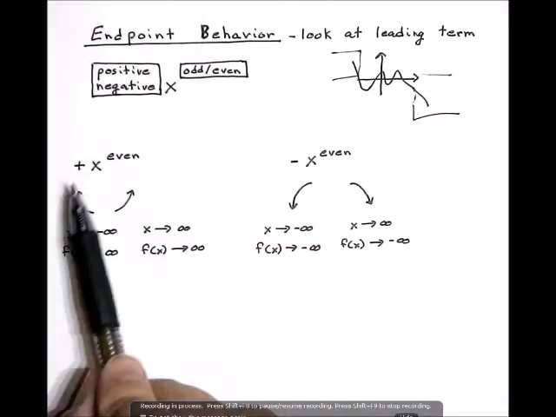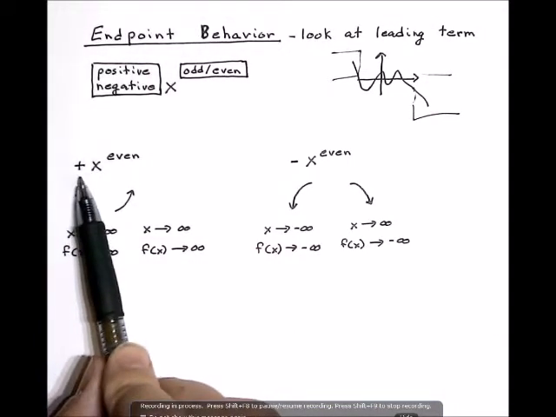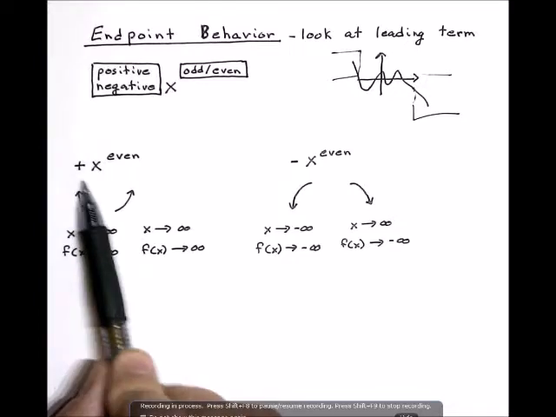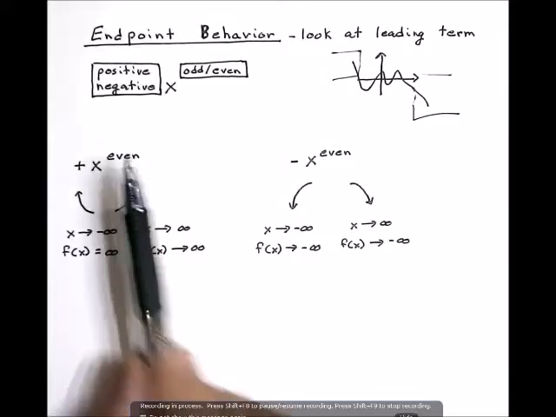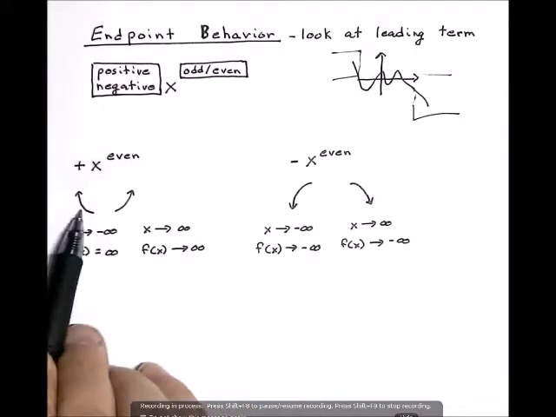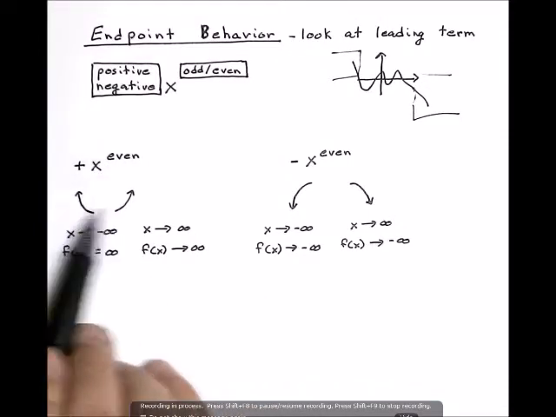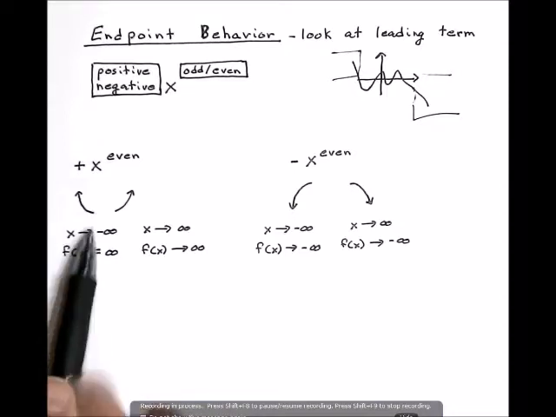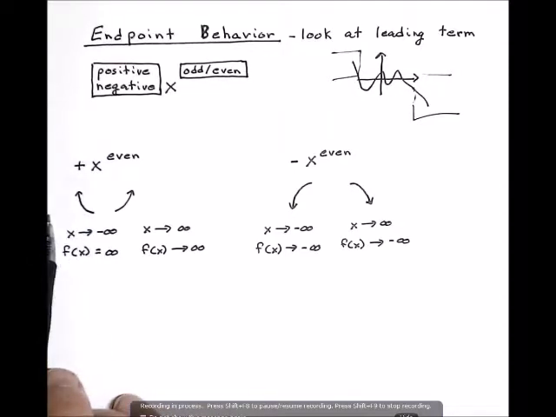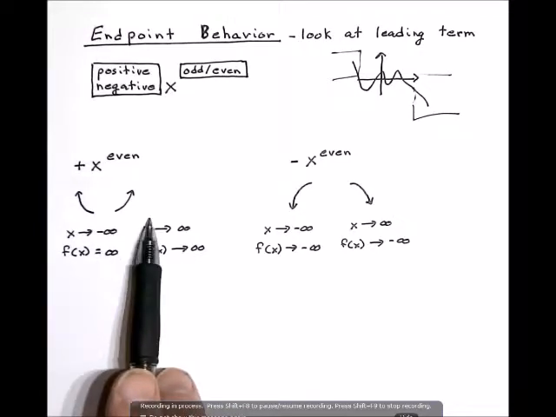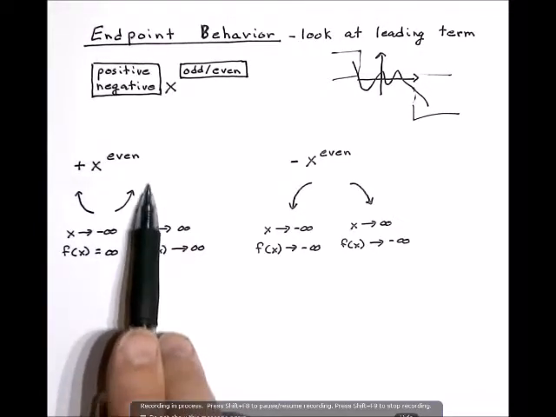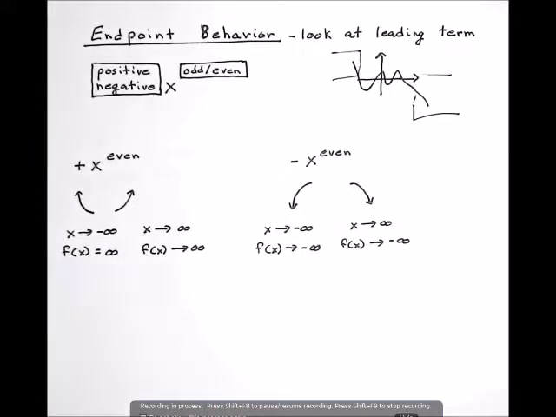The first thing that can happen is you have a positive leading coefficient and the degree of the equation is even. And when that happens, your endpoints kind of go off in these directions, or as x approaches negative infinity, f of x approaches infinity, and as x approaches infinity, f of x approaches infinity.